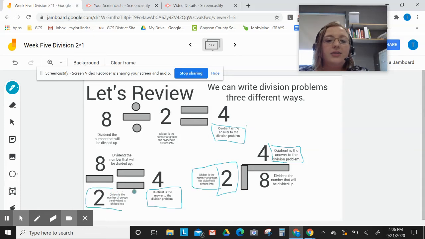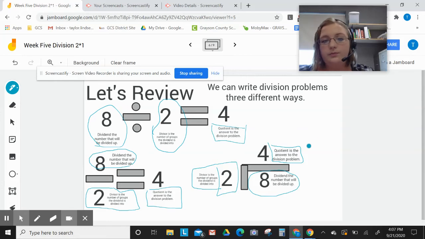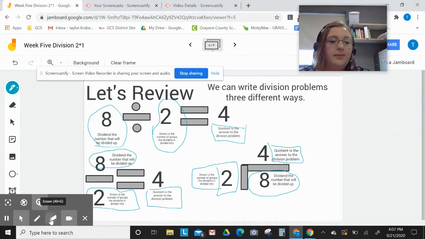Our dividends are going to be in the same place. So if you're asked to write your division problem in another way, you will know exactly what you need in each spot.